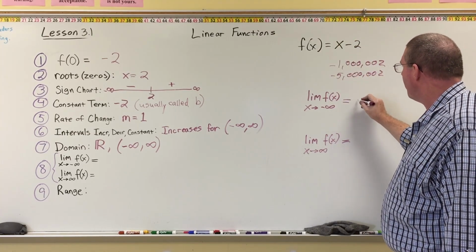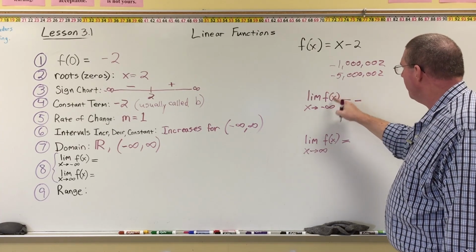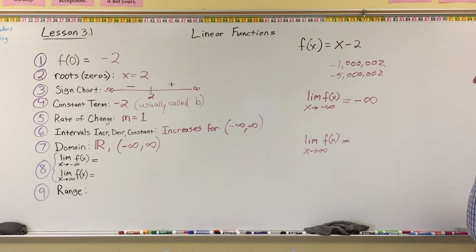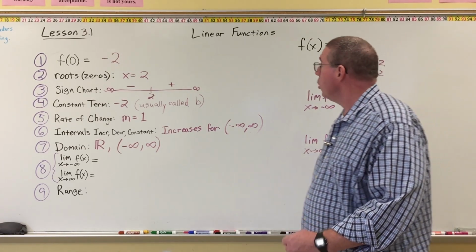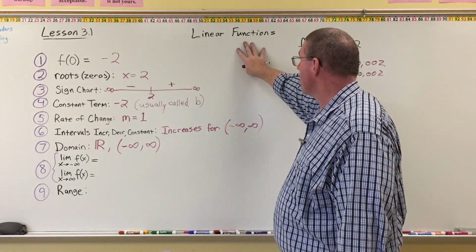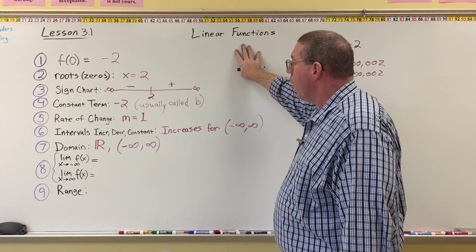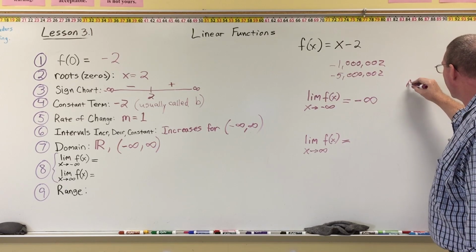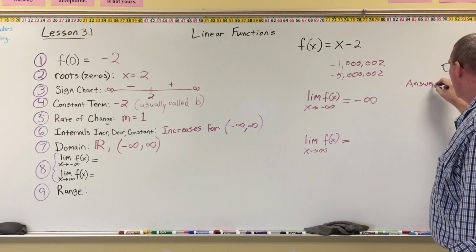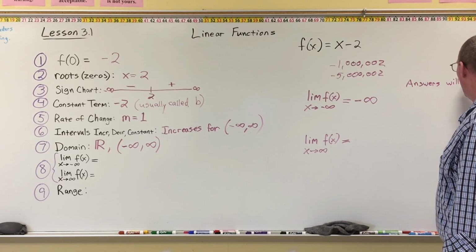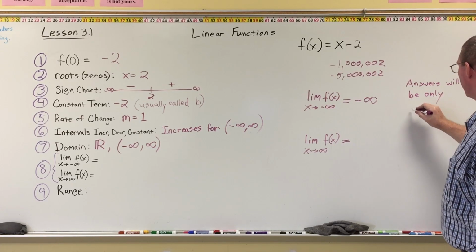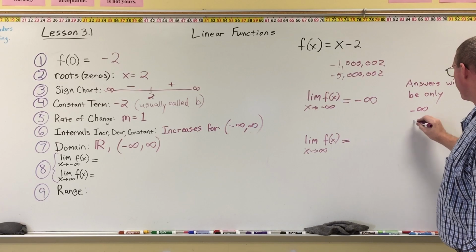And so what that means is that the limit of f of x in this linear function is actually negative infinity, okay? And here's the idea. With linear functions, your answers to these two questions will only be either negative infinity or positive infinity.